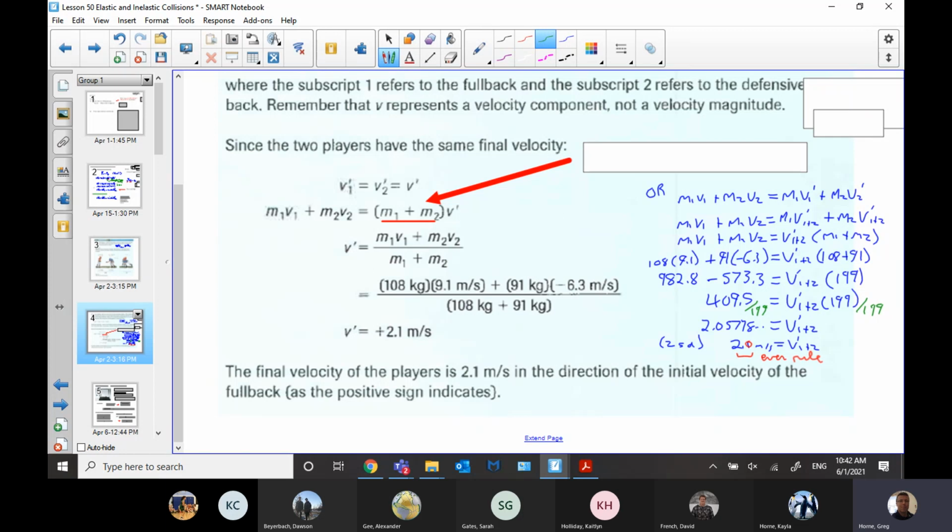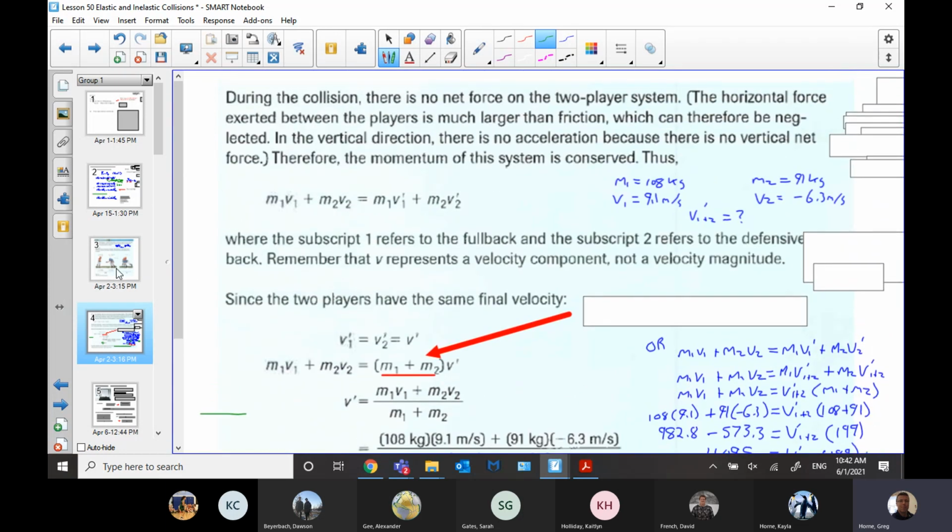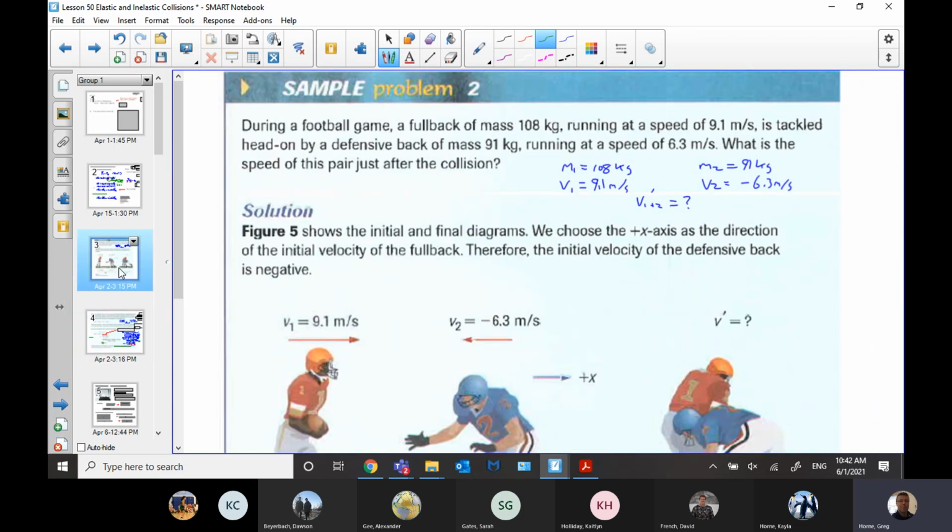And why is that? They're saying in the direction of the initial velocity. You can tell because this became a positive here in both cases. And so, if we called the direction of, what do we have here? The two, right? We had this direction listed as the positive one, and then this was the backwards direction, the negative, right?